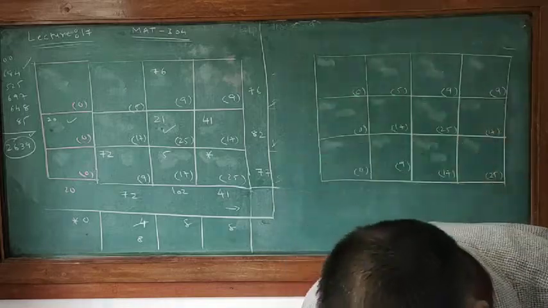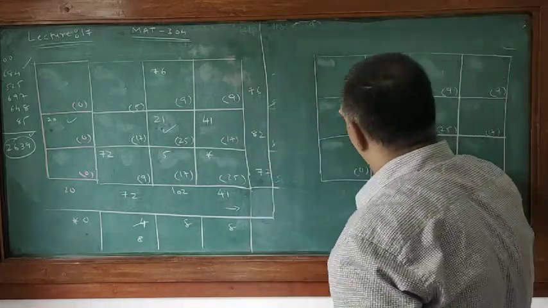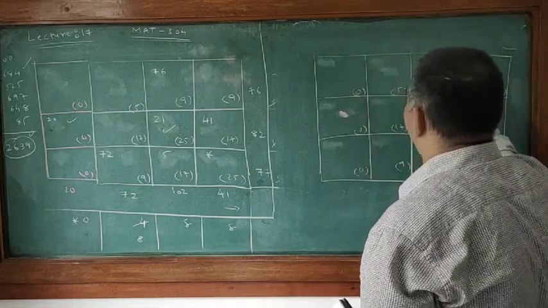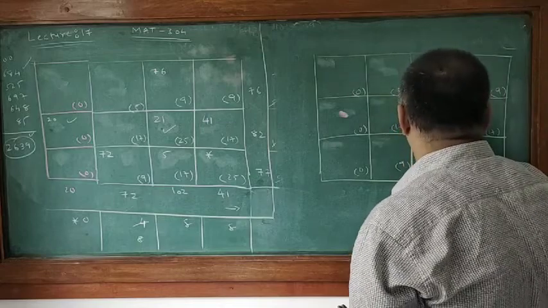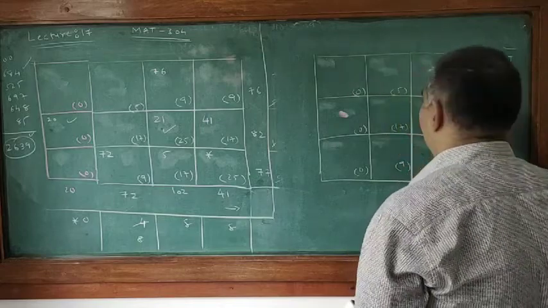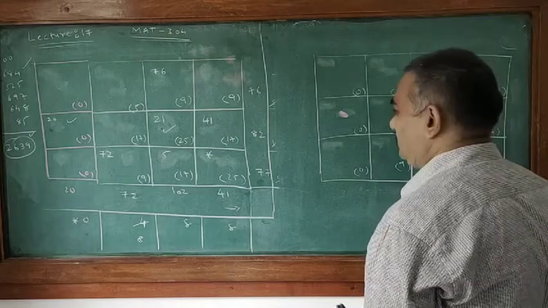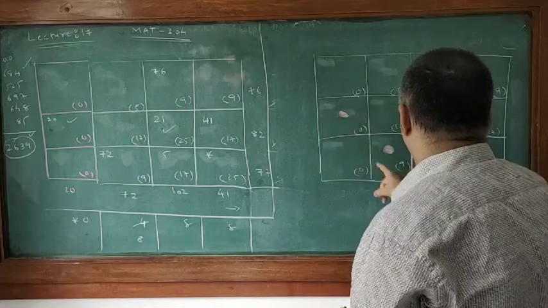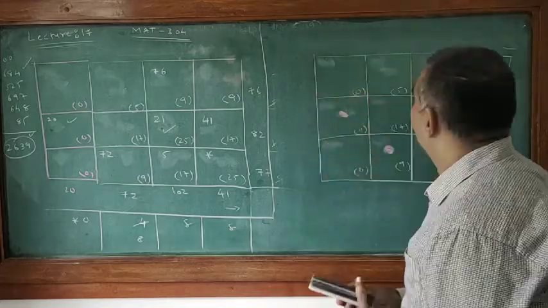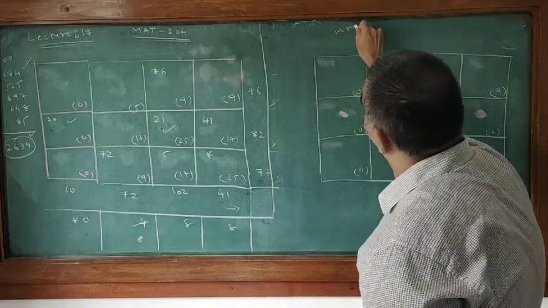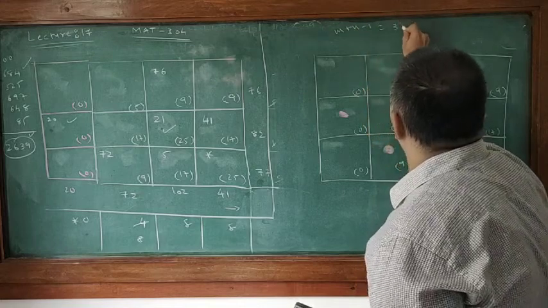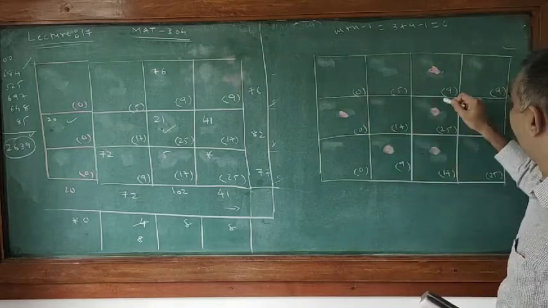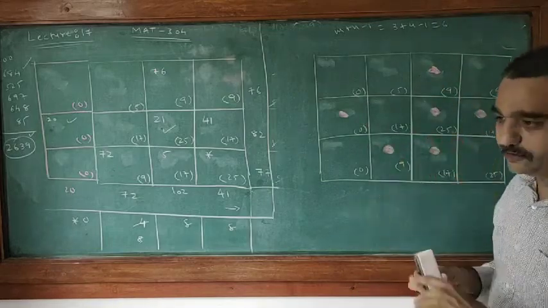So we have basic variables: this one, then this one, then this one, done, and one more. The number of dots should be m plus n minus 1, so it is 3 plus 4 minus 1, so that should be 6 dots. 1, 2, 3, 4, 5, 6. Okay, we have 6 dots.